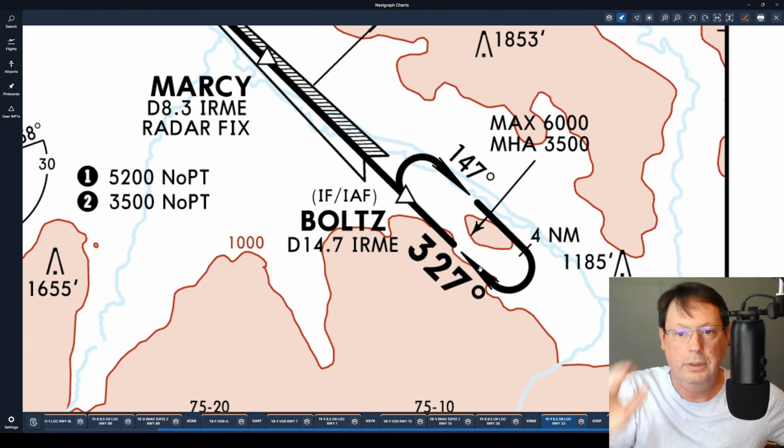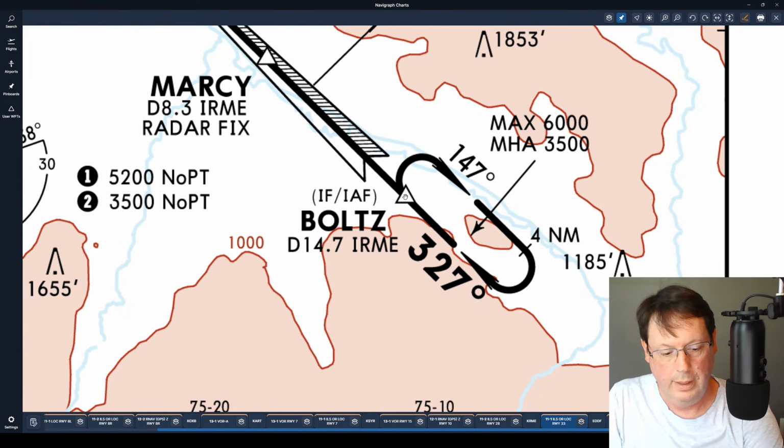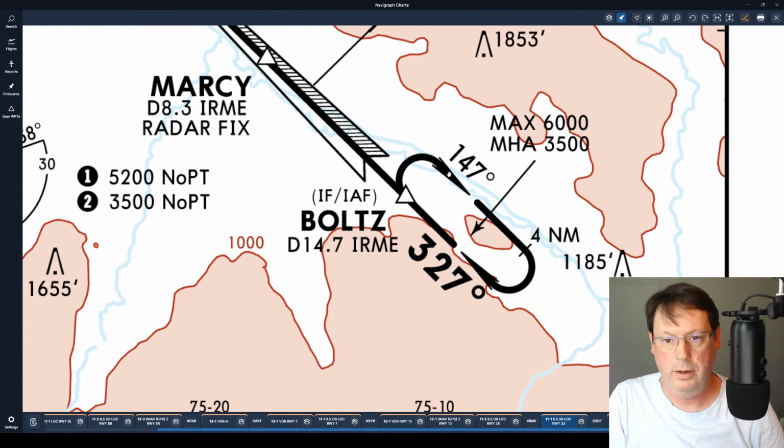Basically, to be established in anything in IFR flight, you have to be on the thick black line. So if you do a teardrop entry and you fly that 117 outbound heading, you are in protected airspace, but you are not on any of these big bold black lines, so you're not established in the hold. You are established once you intercept the inbound and you're on this nice big black line.